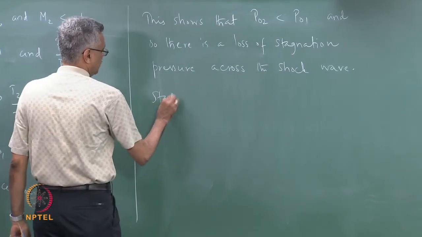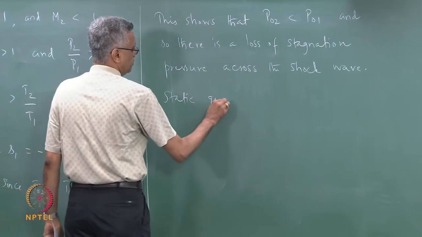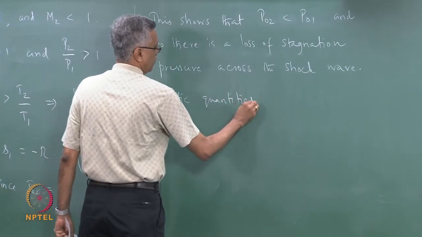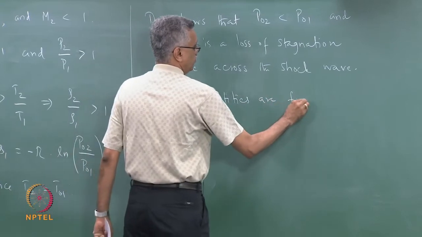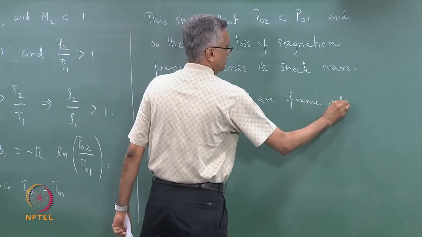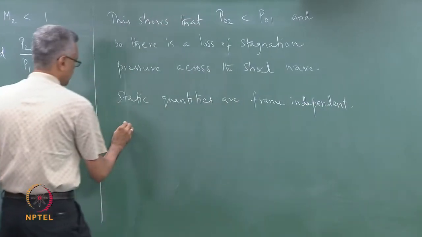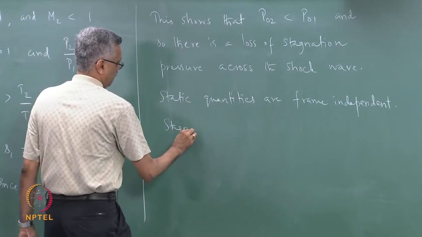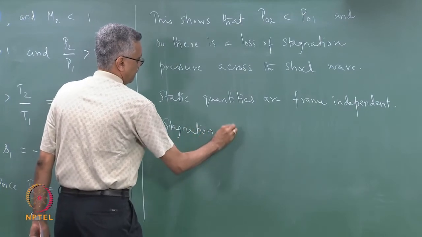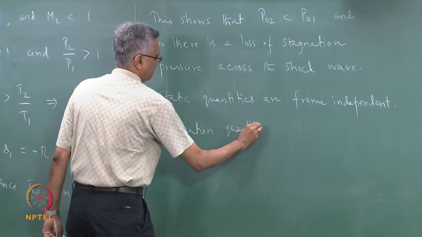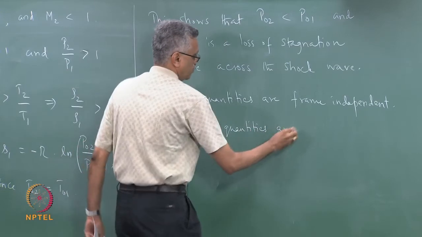Let us write it down now. So, static quantities are frame independent, whereas stagnation quantities are not, or frame dependent.